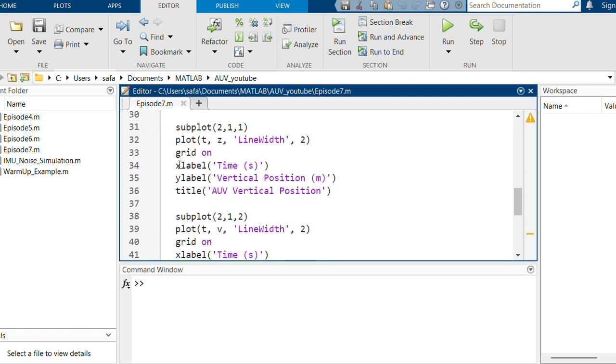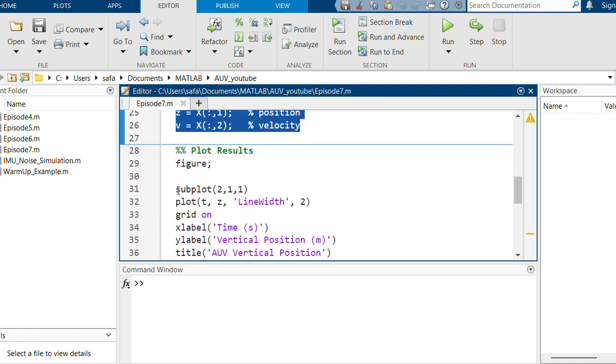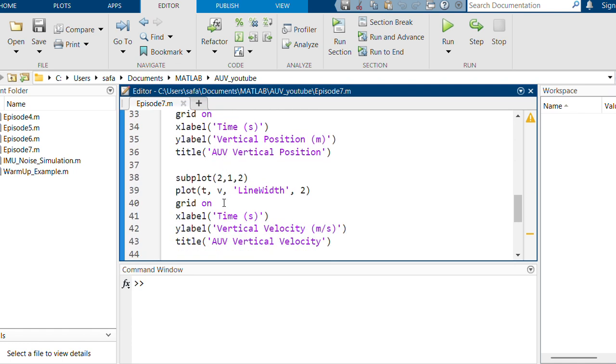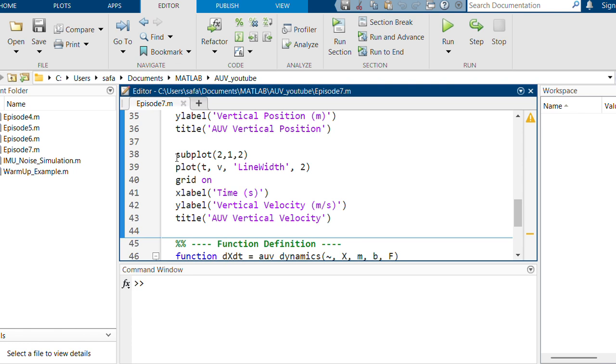Now here we visualize the results. The first subplot here will display the vehicle position, and the second subplot displays vehicle velocity.